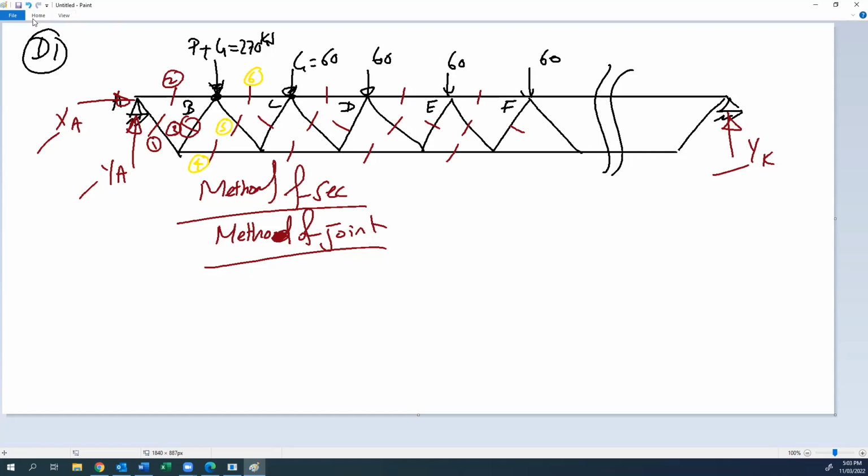The next member will do 7, 8, 9, and for member 4 use 10, 11, 12. So each group will do the load case, and each student in the group will select 3 members to get the forces in. All clear?